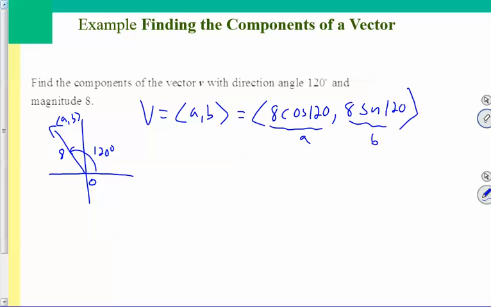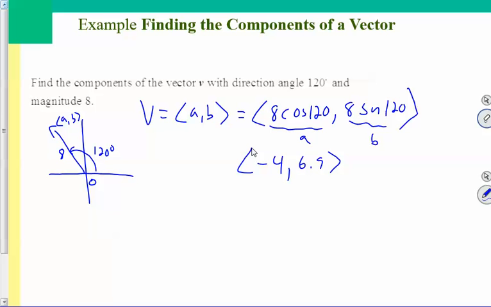The first one, 8 cosine 120, becomes -4, comma, and 8 sine of 120 becomes about 6.9. That makes sense because we are over here in the second quadrant. That's awesome. Makes sense, I hope.